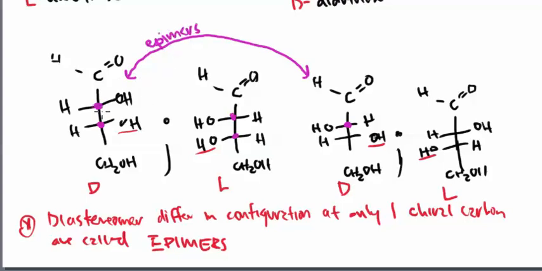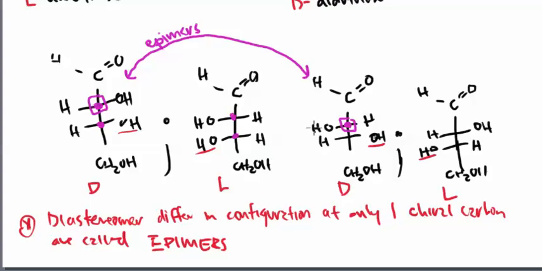And that's because at this carbon, the OH and the H are in a different position. Everything else is staying the same. It's not moved. And that's the definition of an epimer. We get a structural difference at only one chiral carbon. And that, by definition, is called an epimer.